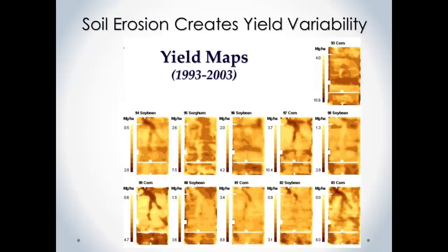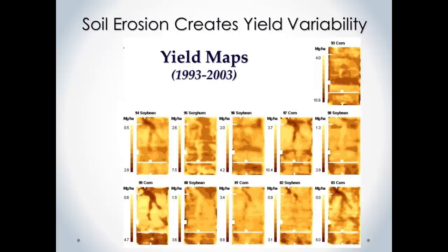Here are 11 years of crop yield maps, and you can see that the variability within any year within the field is on an order of magnitude of at least 2, oftentimes 4 or 5 or 6 times variation within the field for a year. Some years they look a lot the same, and other years they kind of flop. You can take a quick peek at those and see that trend flips back and forth, and that has a lot to do with the type of weather year that we have.